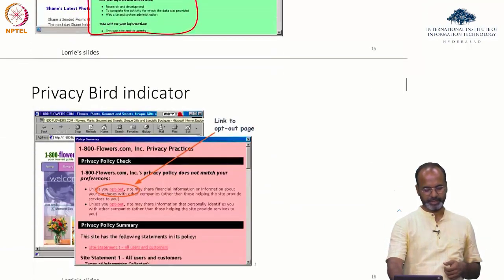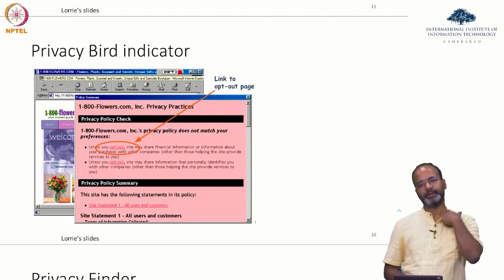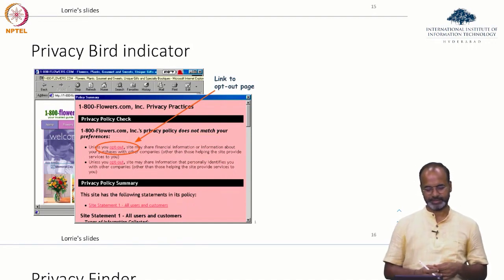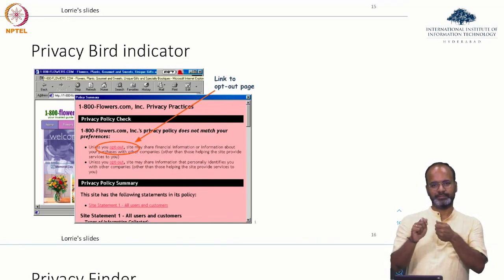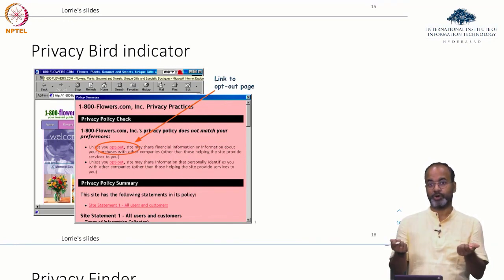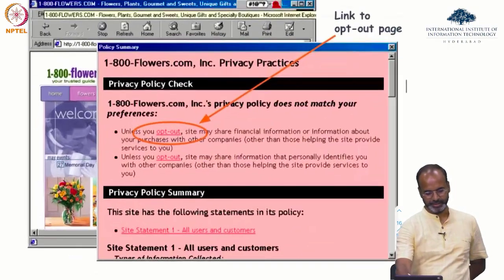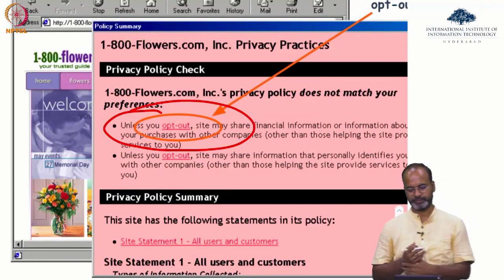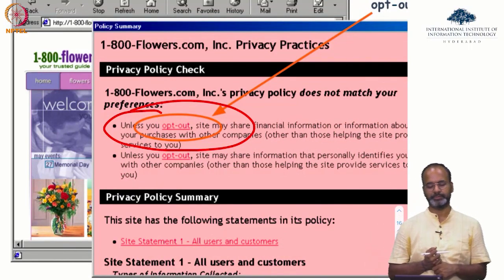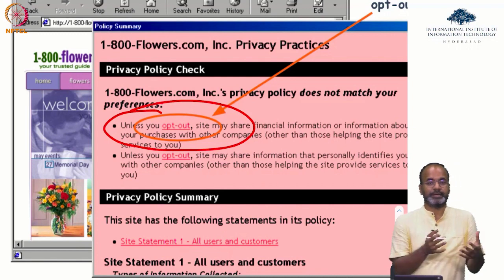So this is showing you what the policy matching is, and here it is actually red color. It is showing where the matching is not there, right? Where it is actually different. So if you read this line, it says, unless you opt out, site may share financial information or information about you, which is the setting that I did not keep, right?